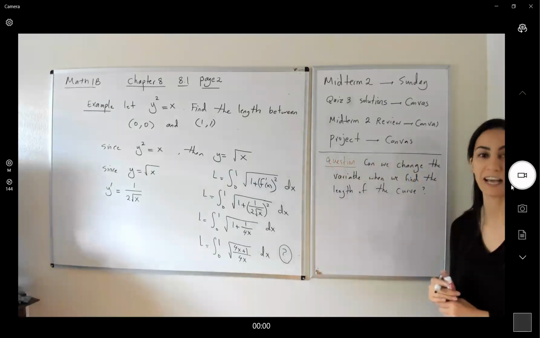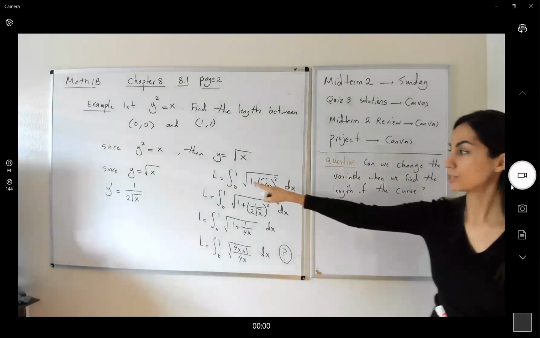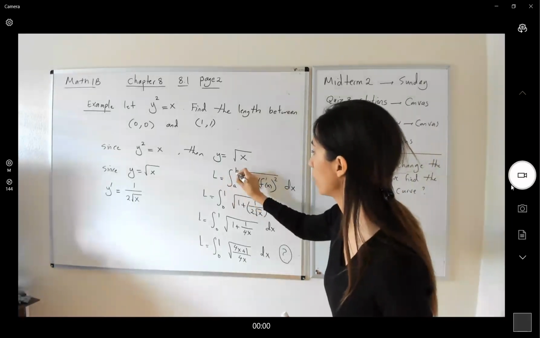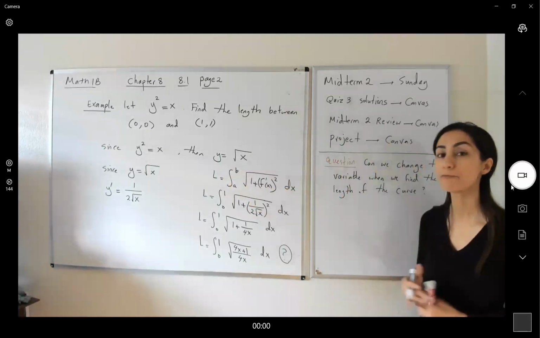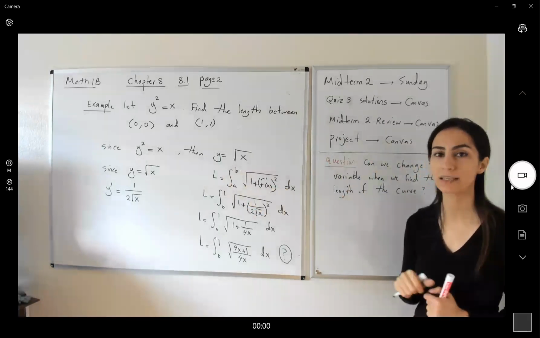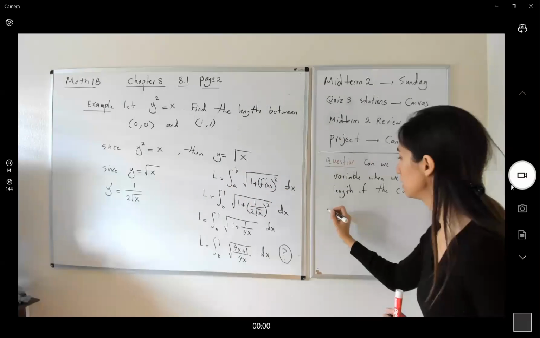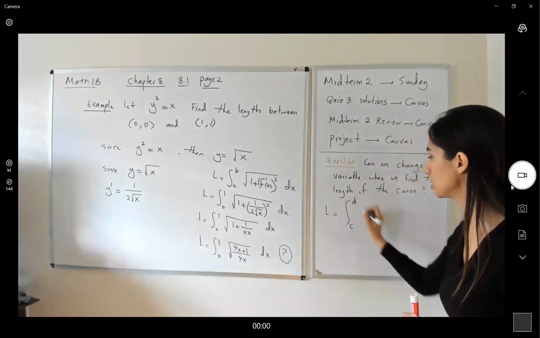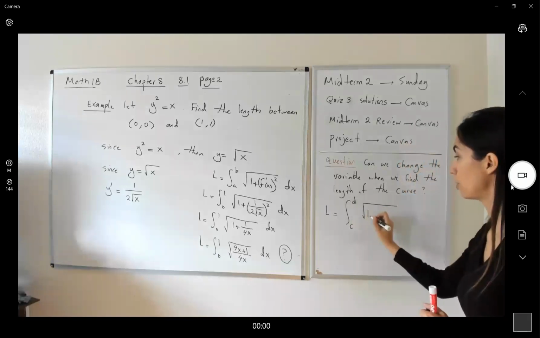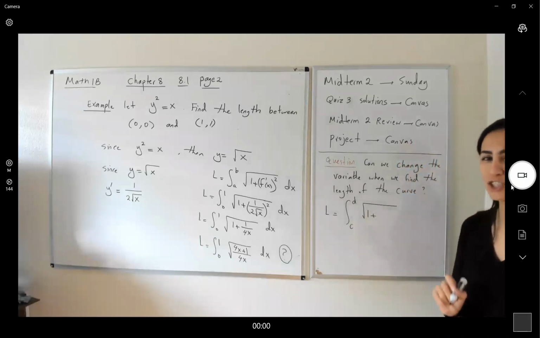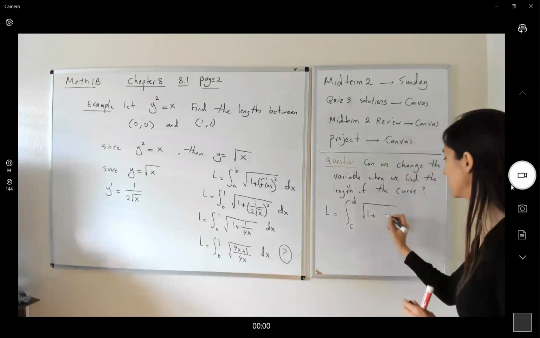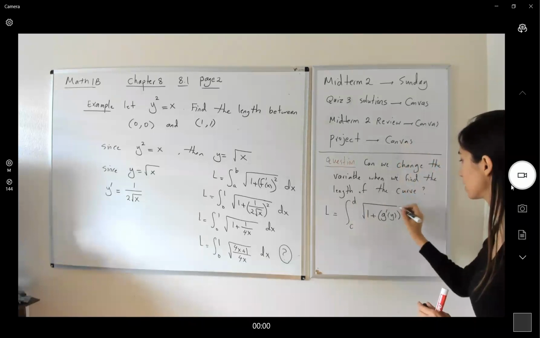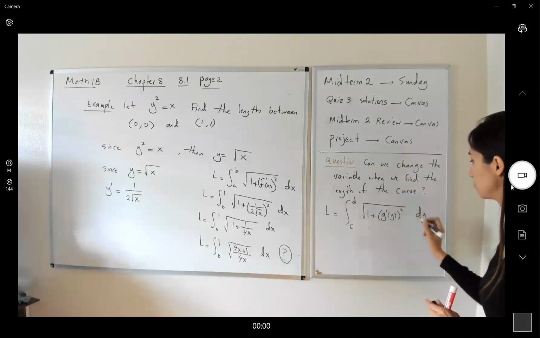So what I mean by that is, instead of using L equals the integral from a to b of the square root of 1 plus (f prime of x) squared, dx, can I write it this way? L is equal to the integral from c to d of the square root of 1 plus (g prime of y) squared, dy.